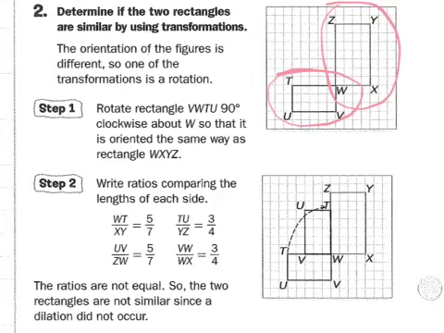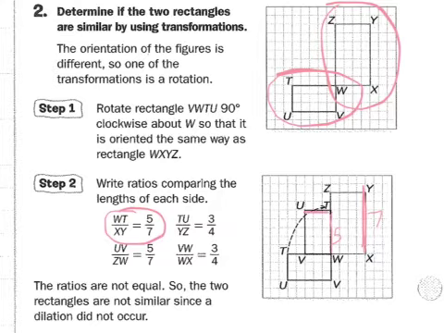So WT on the smaller rectangle would correspond with XY on the larger rectangle. And WT is 5 units and XY is 7 units. So I would write the ratio 5/7.